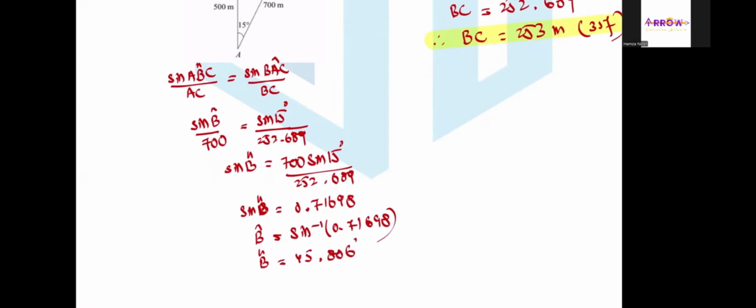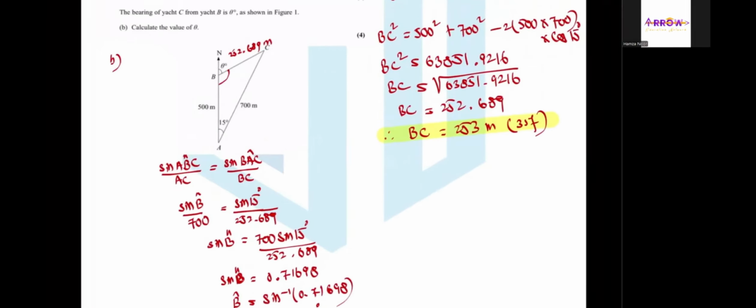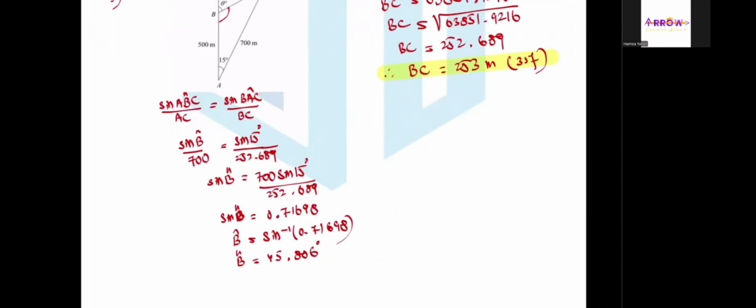But this angle B, meaning angle ABC, is an obtuse angle. So obviously, we need to subtract this acute angle from 180 degrees. Angle B, which is an obtuse angle, in this case is 180 minus 45.806 degrees.